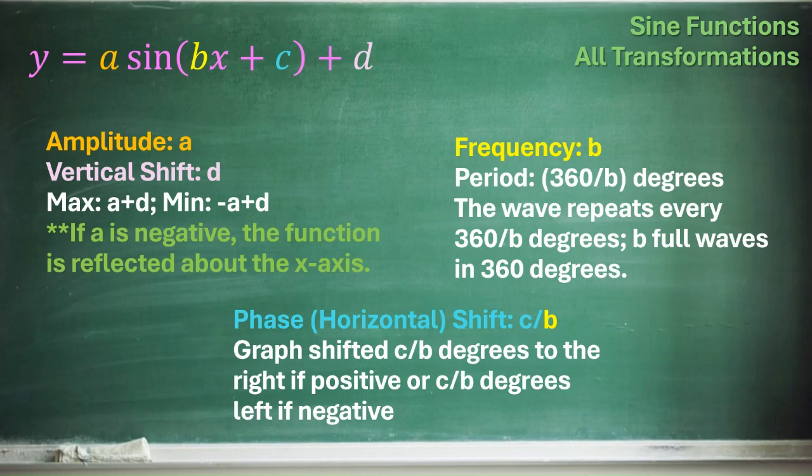Remember, when we're talking phase shift, we're trying to make what's in the parentheses 0. So whatever value x takes on to make that happen is what our phase shift is. Positive shifts right, negative shifts left.